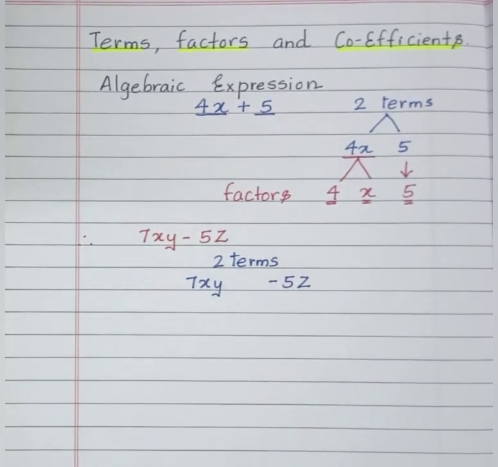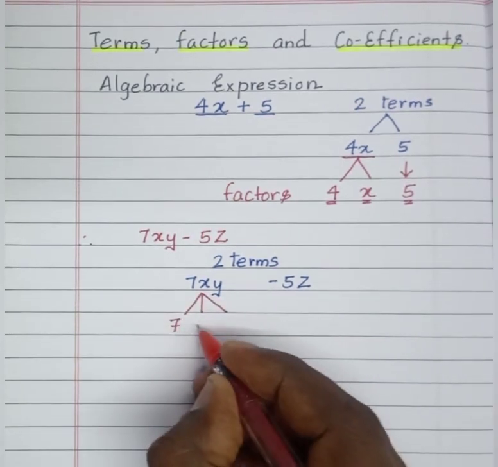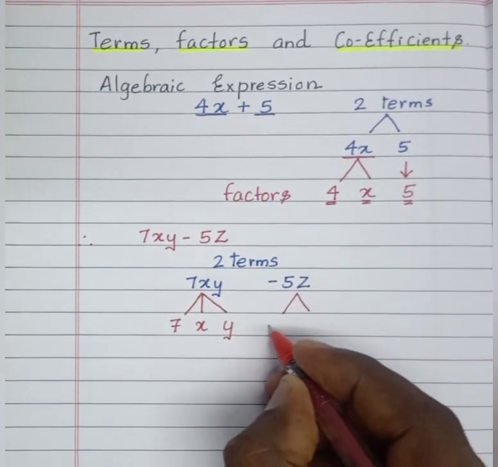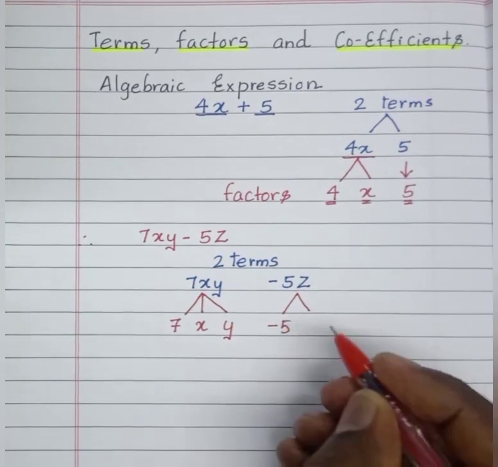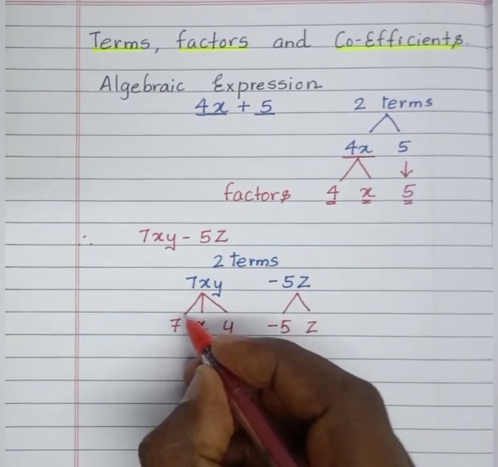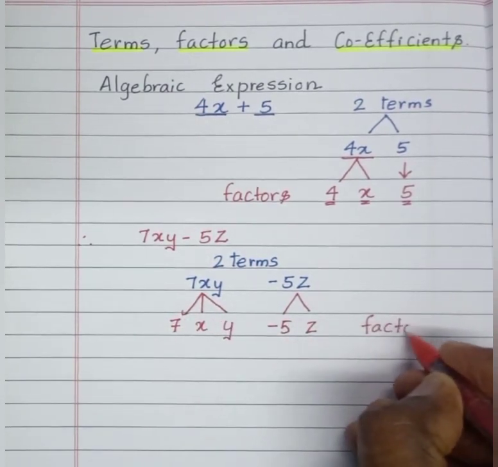Now split the term 7xy into factors, that is the factors are 7x and y. Again minus 5z can be split into minus 5 and z. The factors of minus 5z are minus 5 and z. These are called factors.